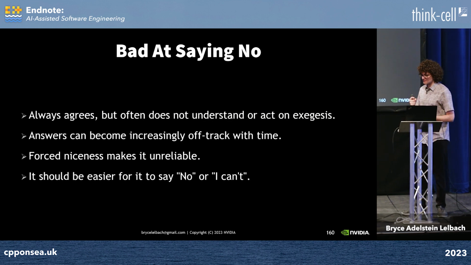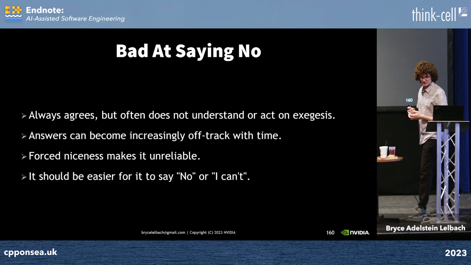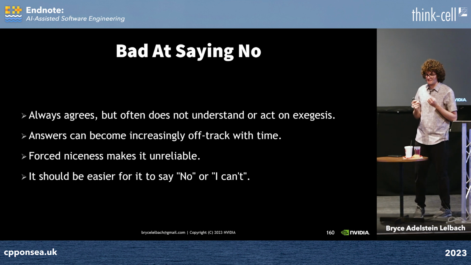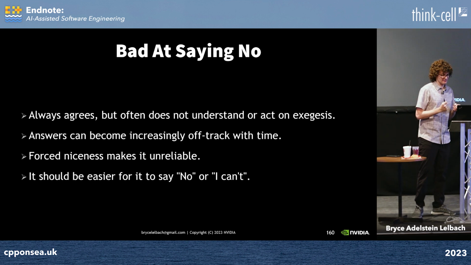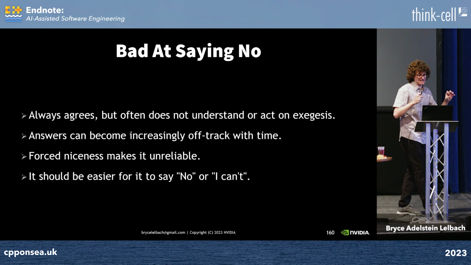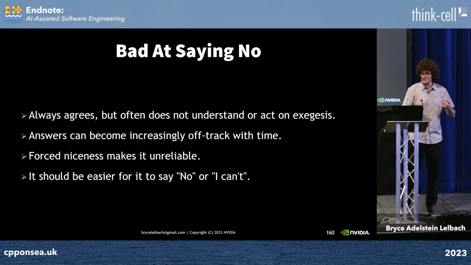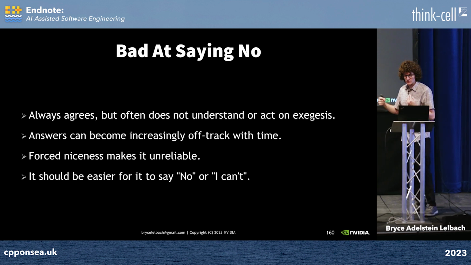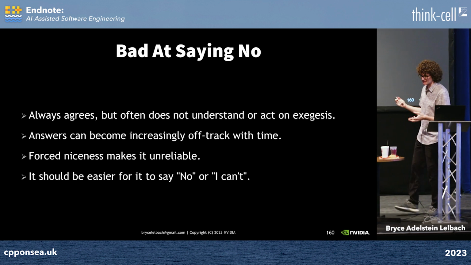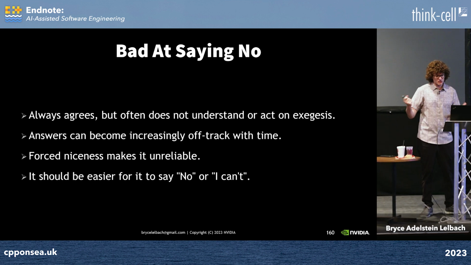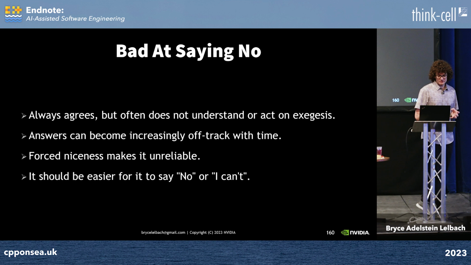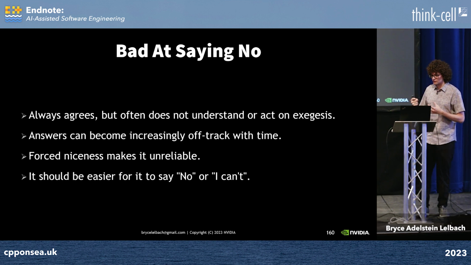Most of the popular large language models also take critique in a very non-human manner. They are bad at saying no. They always want to please you and agree with you. So they almost always agree, but they often don't understand or act on exegesis. Answers can also increasingly become off track with time.